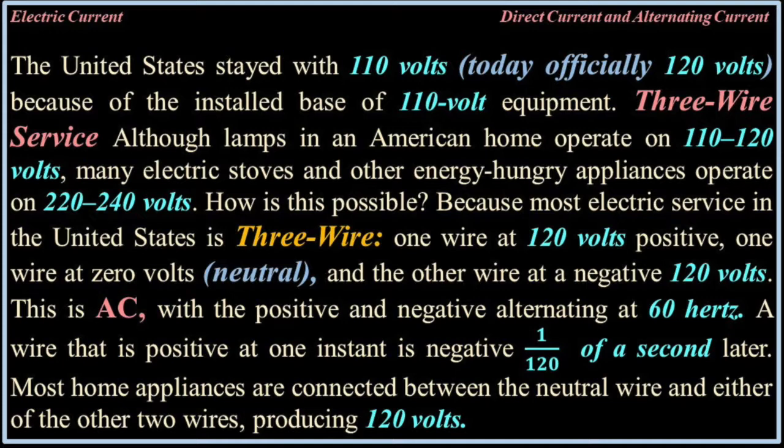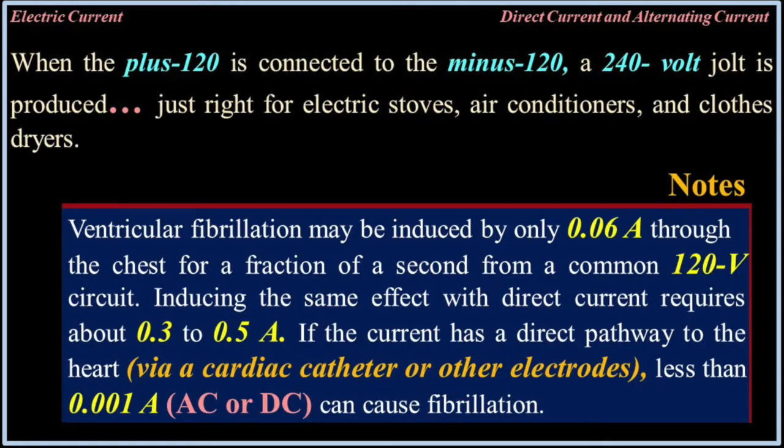Most home appliances are connected between the neutral wire and either of the other two, producing 120 volts. When the plus 120 is connected to the minus 120, a 240 volt jolt is produced, just right for electric stoves, air conditioners, and clothes dryers.